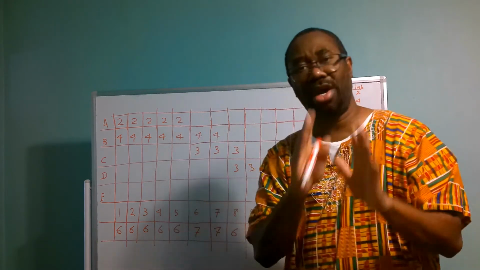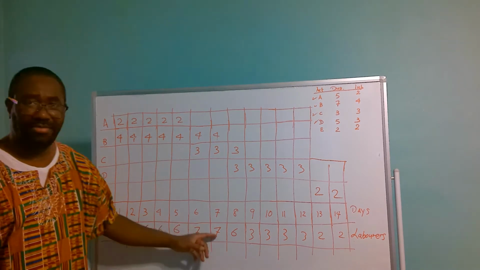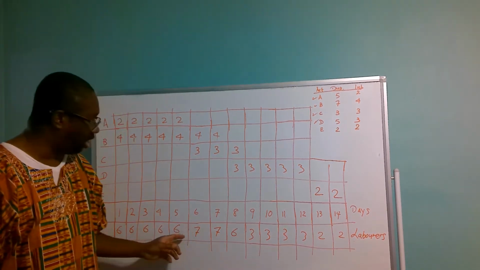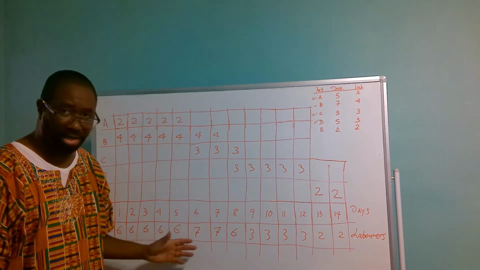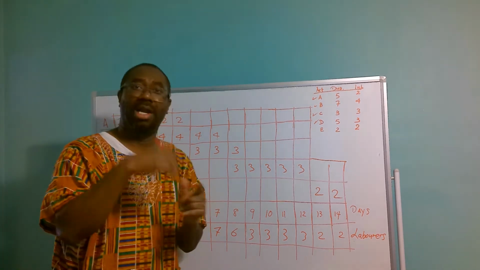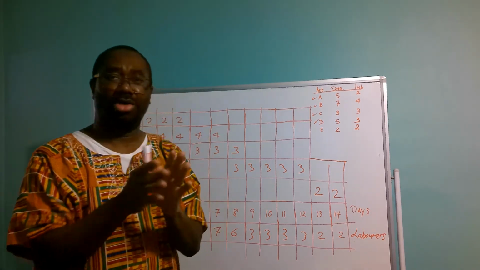But if you observe on day 6 and day 7, the contractor is using 7 laborers for these 2 days, which is 1 laborer over the allotted amount that the contractor wants to use.